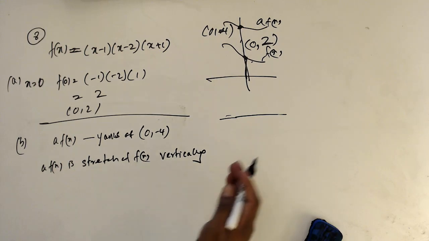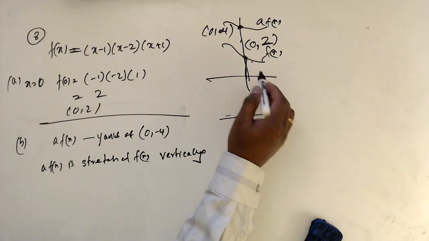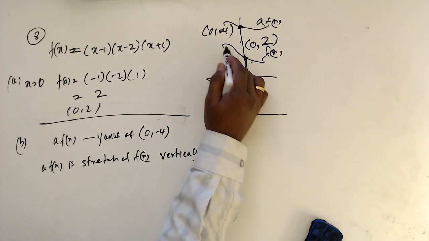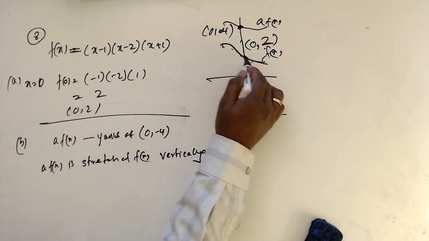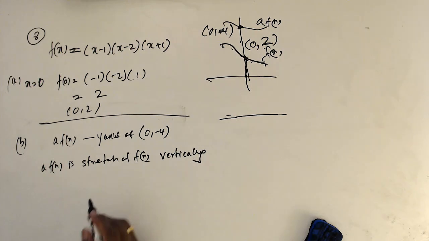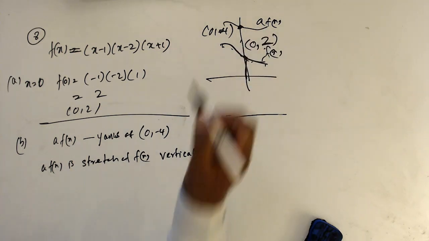Vertically means that all the points of the f(x) curve, all the y values of the f(x) curve, when we multiply by a, we will get the af(x) curve.